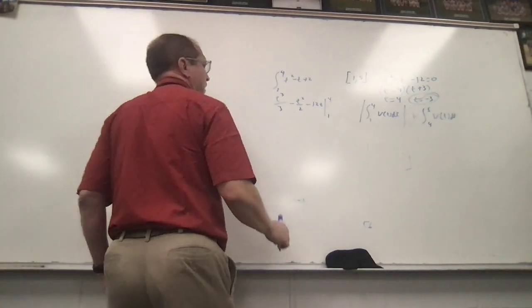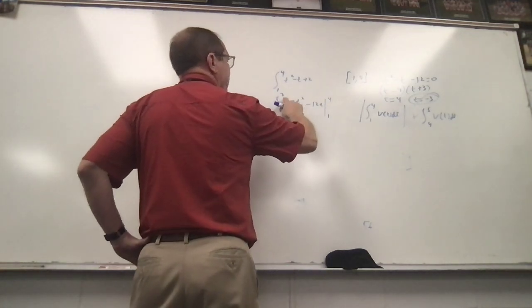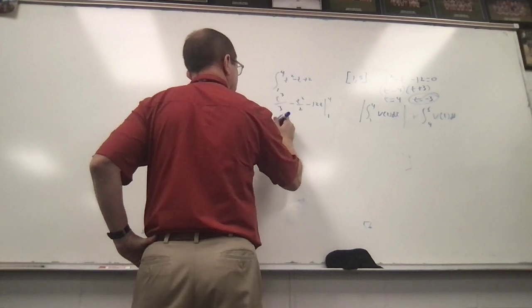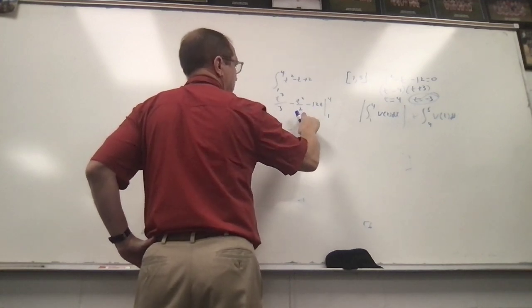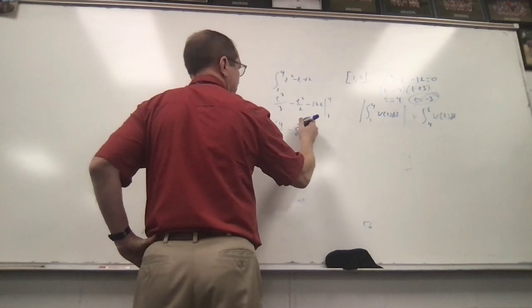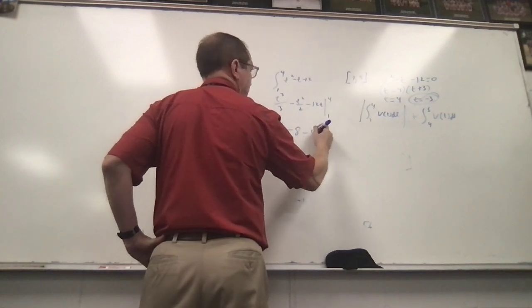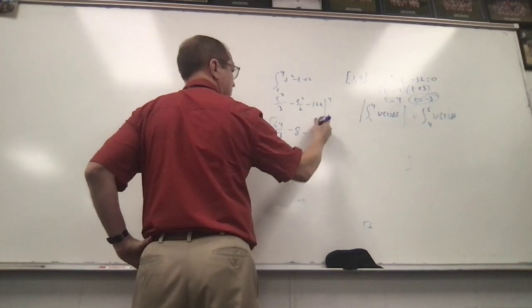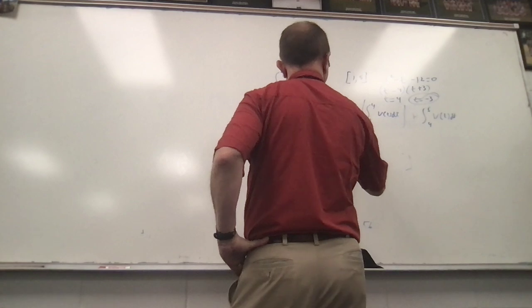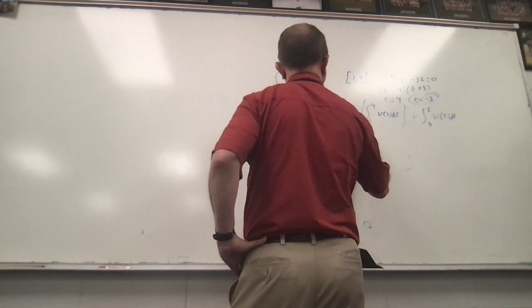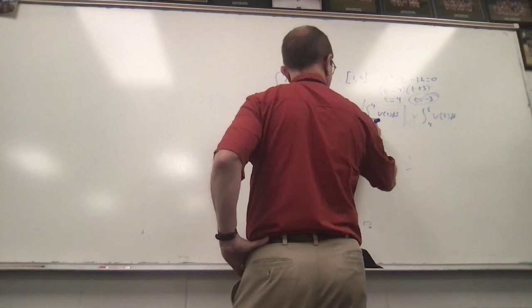And we get 4 cubed, which is 64, so 64 thirds minus 16 over 2, which we'll call 8, and then minus 48, and then minus 1/3 minus 1/2 minus 12.